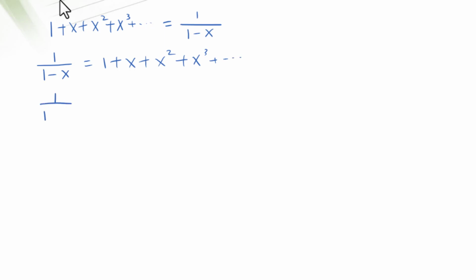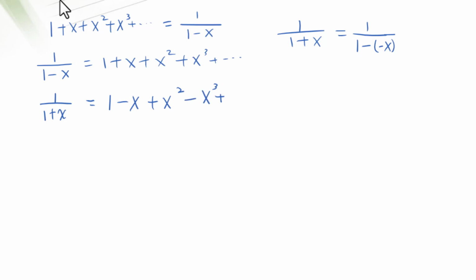What about 1 over 1 plus x? You can write it as 1 over 1 minus negative x. We will change every single x into negative x: 1 minus x plus x squared minus x to the third power and so on.